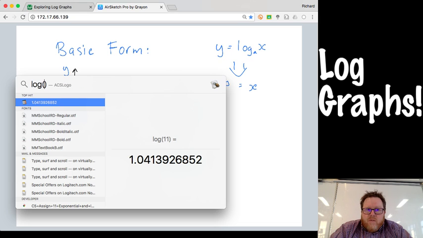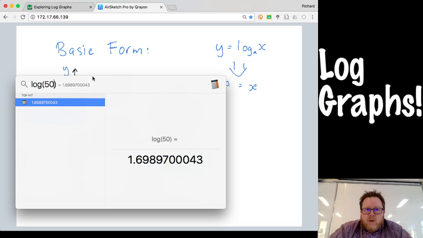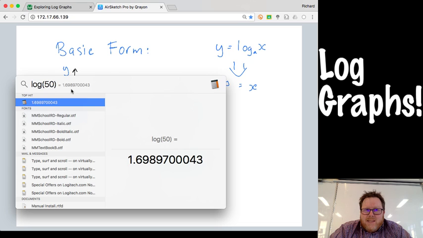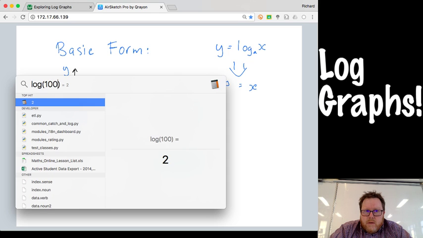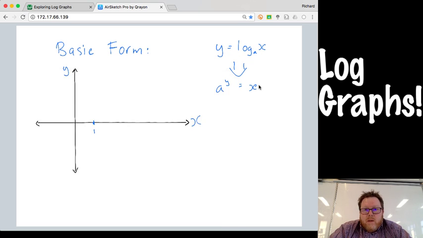If I go to the log of 50, which is quite a few units along, it's still only 1.69. And in fact, I don't get to 2 until I go to log of 100. So when x equals 10, y equals 1, and when x equals 100, y equals 2. So there's growth happening, but it's really slow.